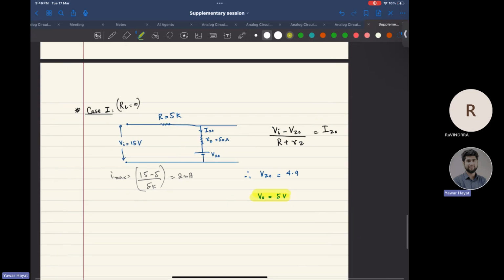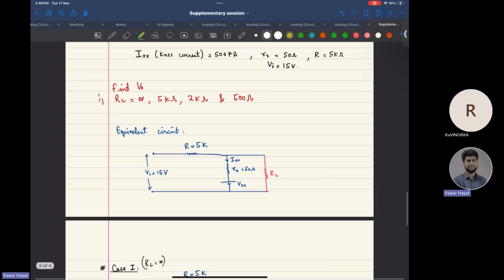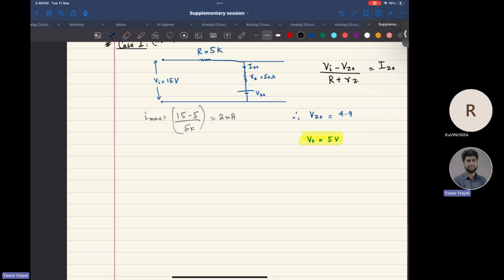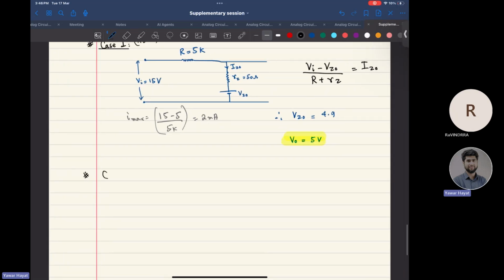Similarly, we'll have the RL equal to 5 kilo ohm case. I'll quickly discuss these cases and write the answers.